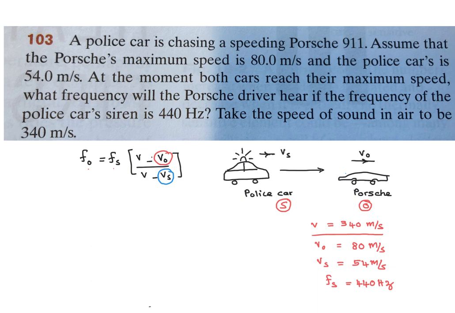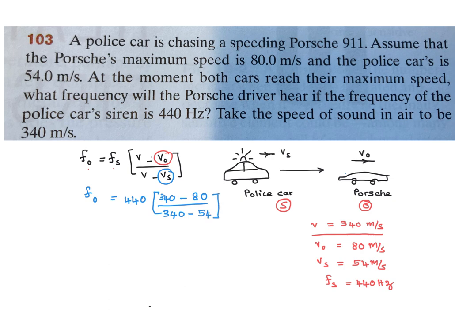Now that we have figured it out, the rest is easy substitution. Fs is 440, V is 340, the observer's speed is 80, 340 again, and the source speed is 54.